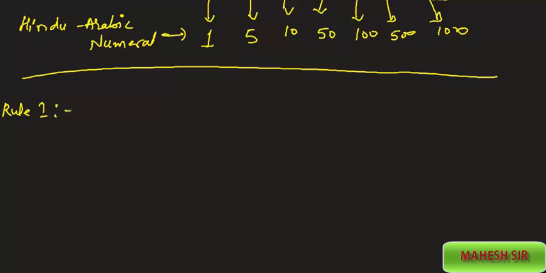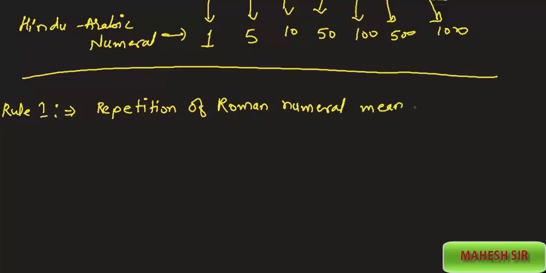In rule 1, the rule is repetition of Roman numerals, which means addition.